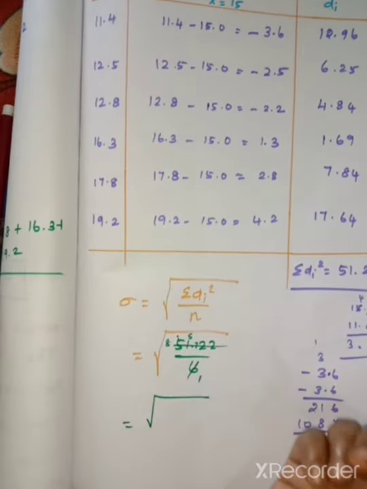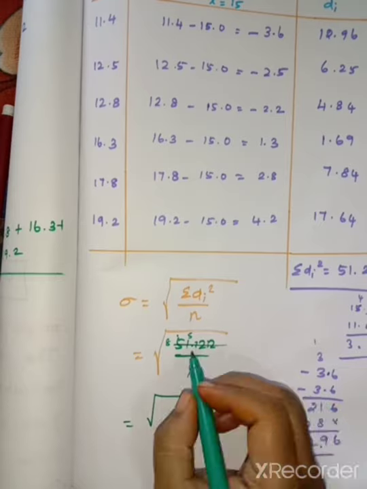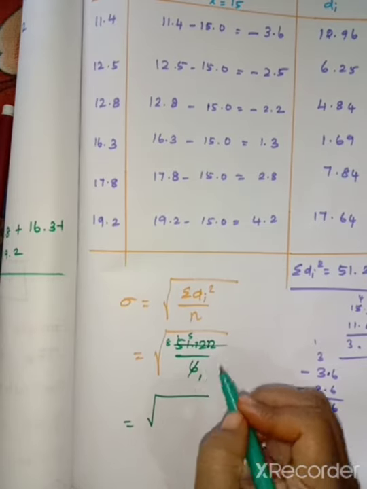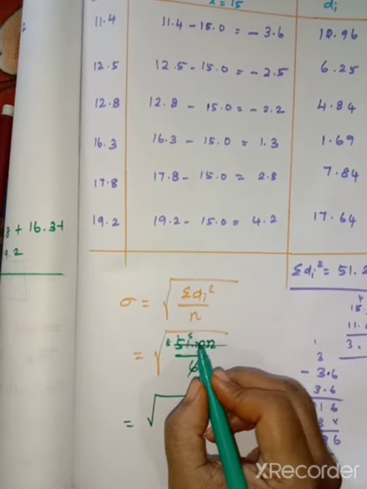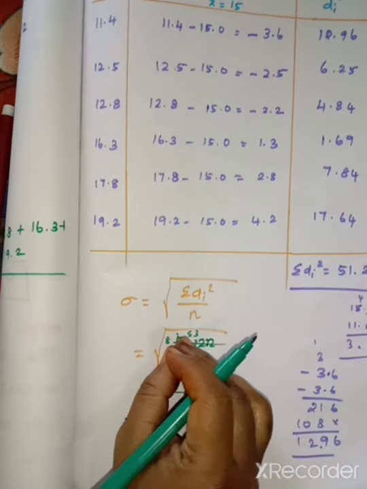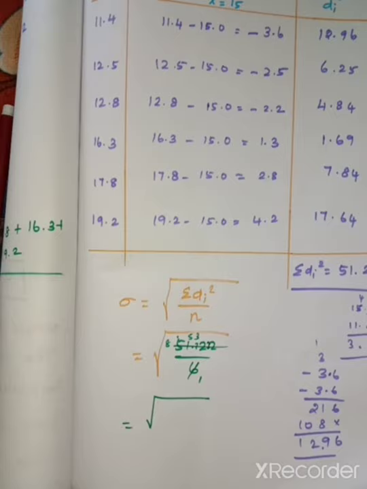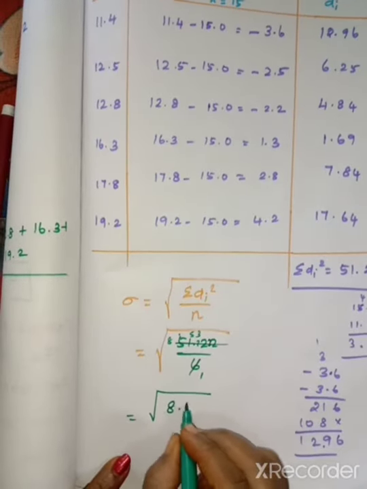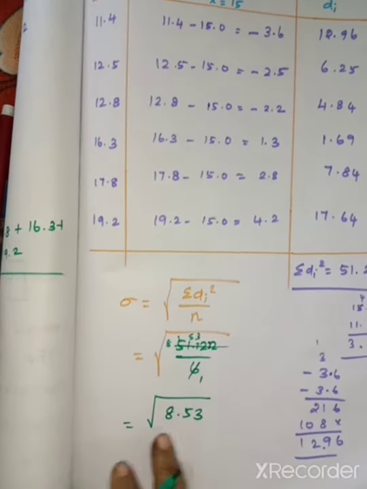Here the decimal is there, so point. Then 3 sixes are 18. After the decimal, two numbers are enough. So it is 8.53. Here also we want to find the square root of 8.53.